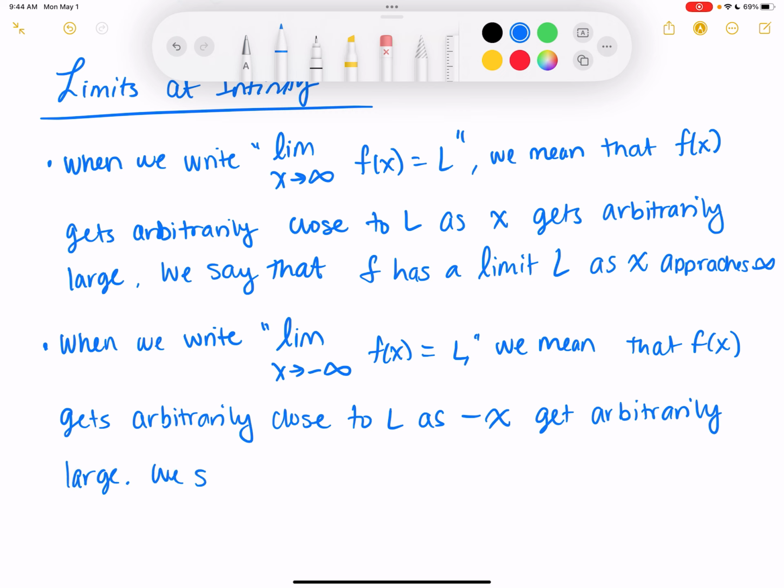So we say that f has a limit L as x approaches negative infinity. It's kind of smushed in there.